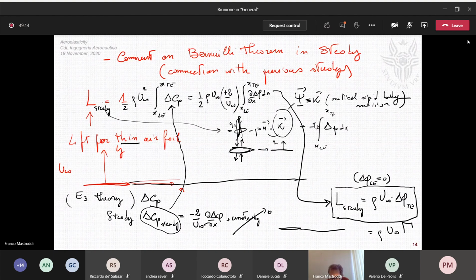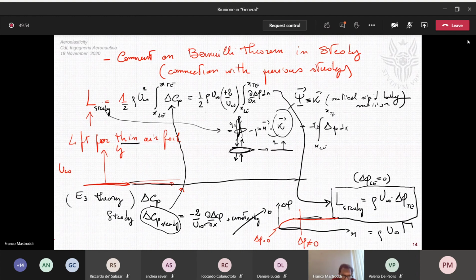If we are talking about this airfoil and this wake, we have a delta phi which is a function like this of x, and then it is steady on the wake. So this is the graph of delta phi as a function of x. Delta phi here is 0 at the leading edge, and here the delta phi is not equal to 0.